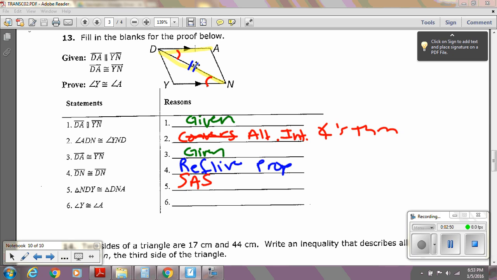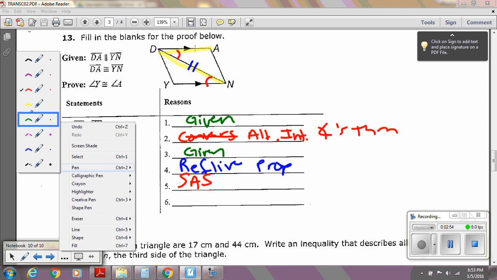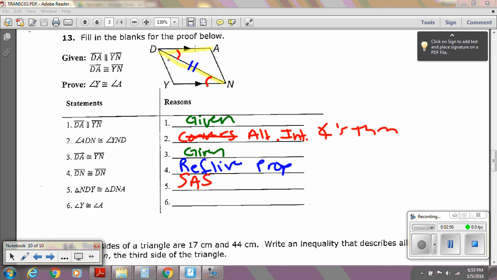However, you have two sets of alternate interior angles. You also have this set here. So truthfully, it could be angle side angle as well. So it depends on our answer choices; you could have used that one as well.